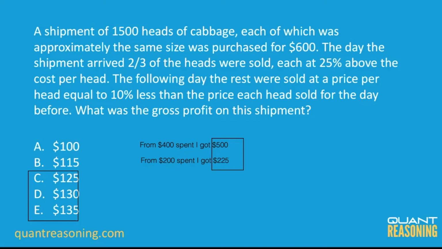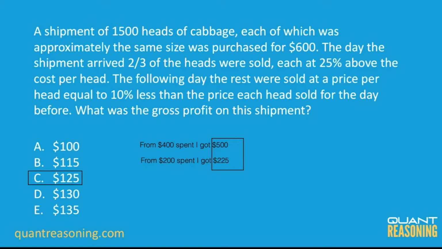I don't know why it's selecting 3 answer choices, but I meant to just do, there we go. $125. The definition of gross profit is revenues minus costs. So if our costs are $600, I can figure out the revenues and then subtract from that the cost, and that will give me the gross profit.